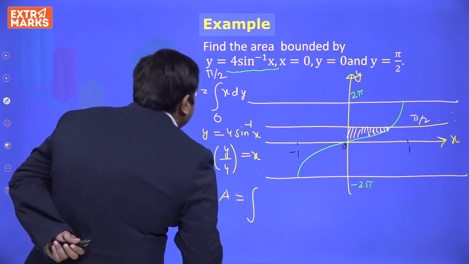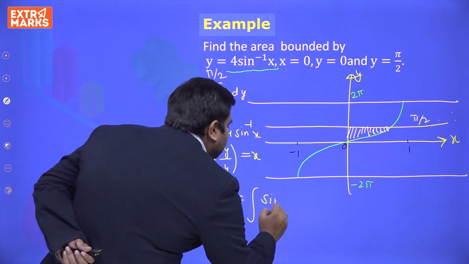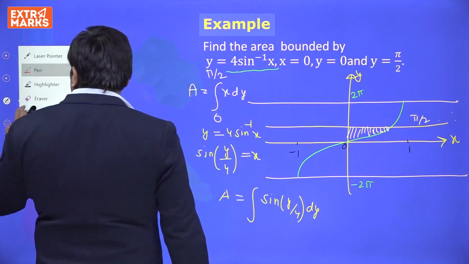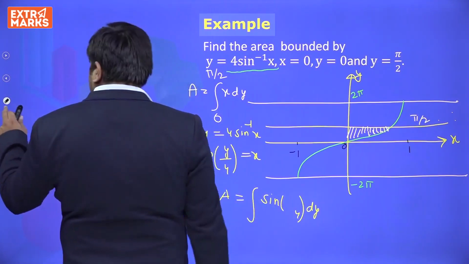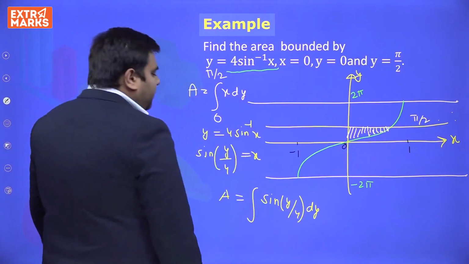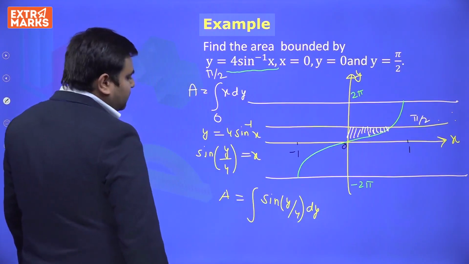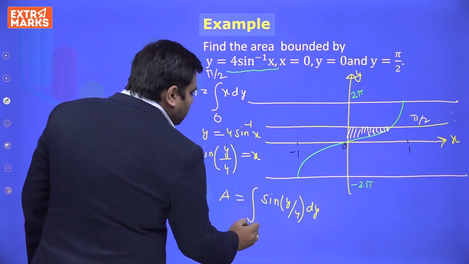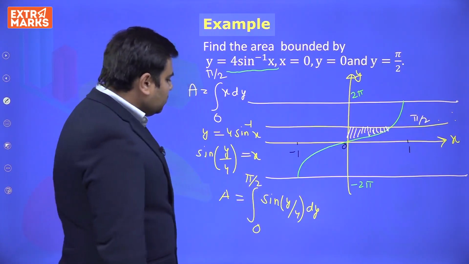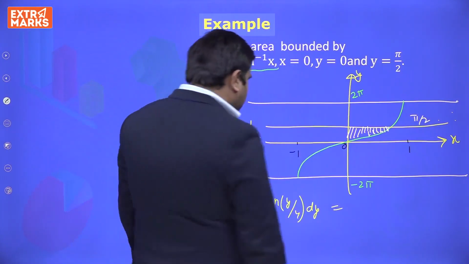So the area will come out to be integration of sine of y by 4 dy from 0 to pi by 2.